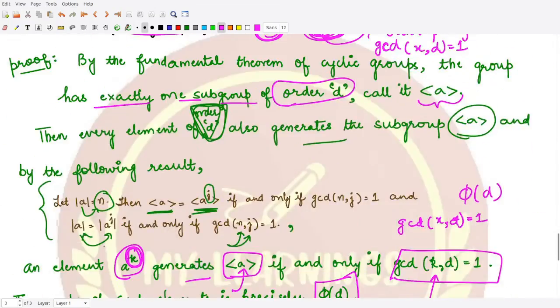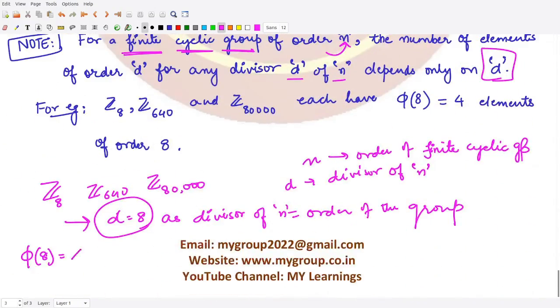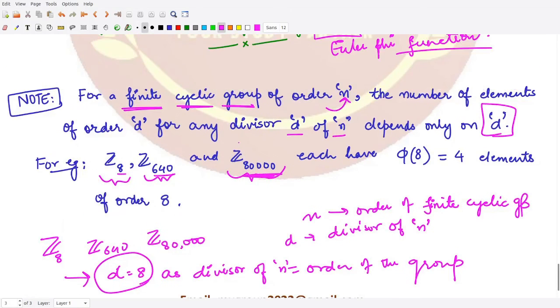So in all three groups, the subgroup in which the order of the elements is 8 has exactly 4 elements of order 8.